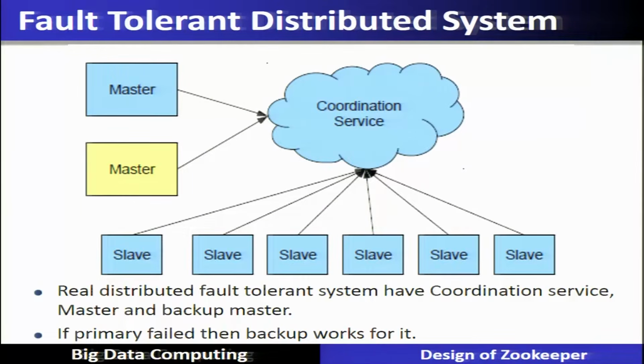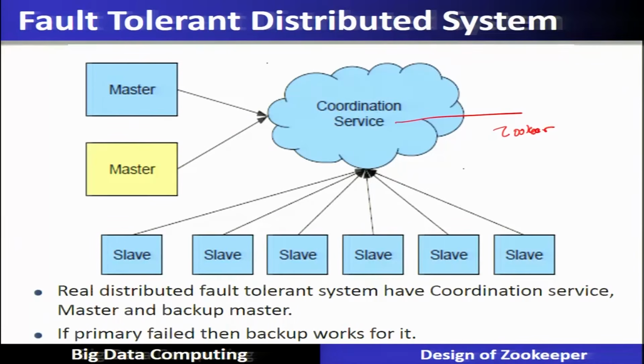If the primary master fails, then the backup can be taken up to ensure the fault tolerant distributed system. Here in this example, the coordination service is Zookeeper, which provides the coordination services to achieve the fault tolerant distributed system.